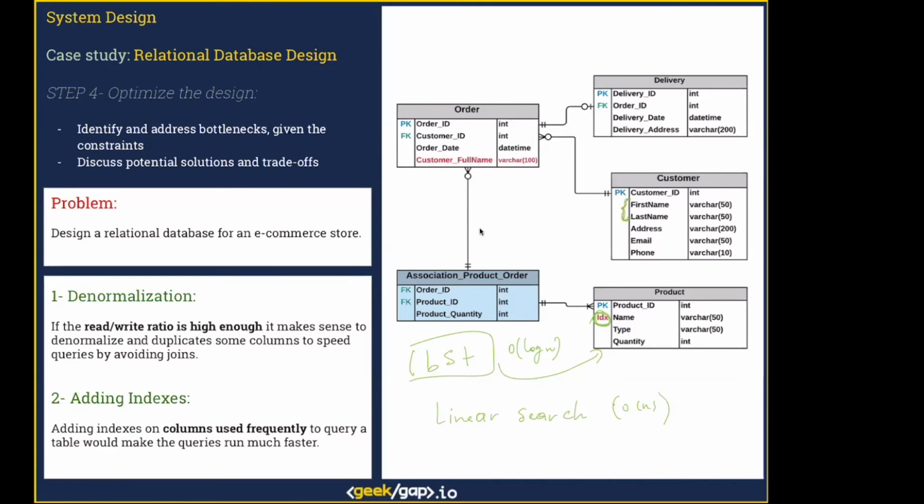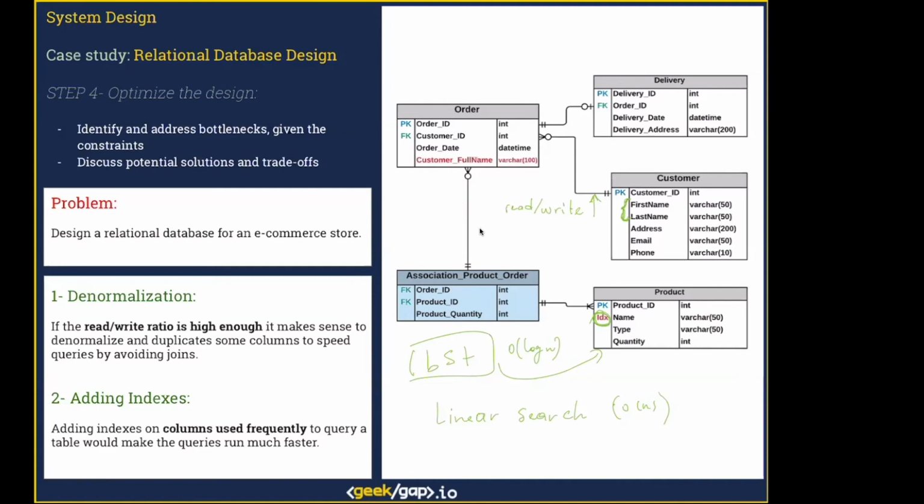So we can assume that here the read to write ratio is high. We are going to read this information, the first name and the last name, more than we're going to change them.